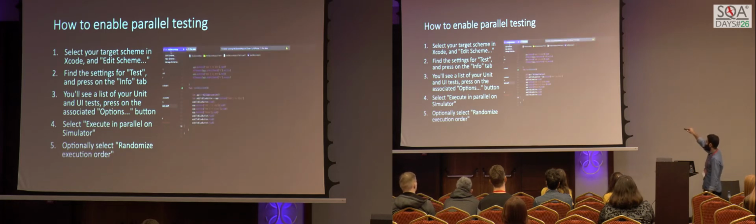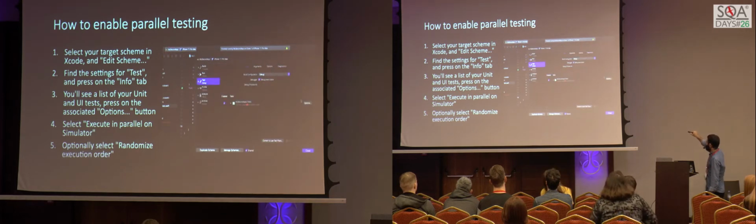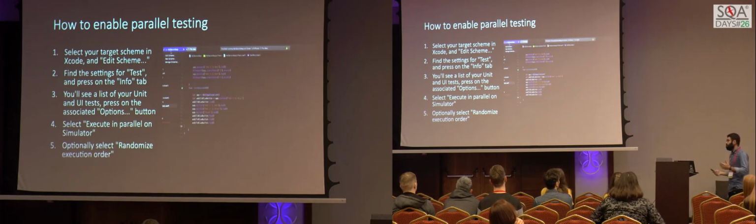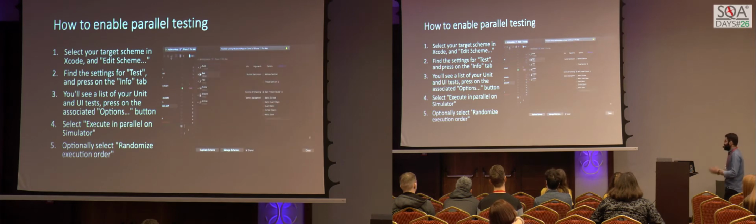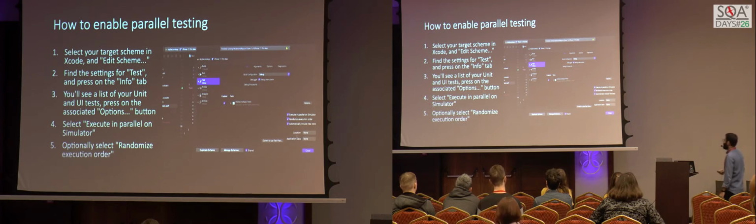It's a GIF, to repeat itself. So click here, edit scheme, test, and options, and execute in parallel. You also have randomize, so it will run the tests in a random order. It's not actually the subject of the talk, but the important thing is to execute tests in parallel.